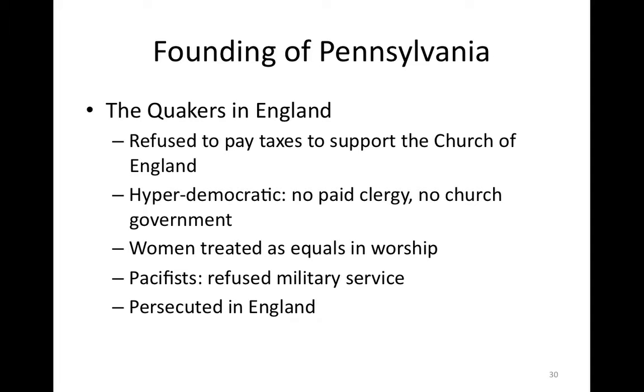The Quakers were also hyper-democratic. There was no paid clergy. There was no church government. Everybody called all the shots. The Quaker community would make all the decisions together in a very hyper-democratic way, and that included women and men, who were treated as equals when it came to worshiping in the Quaker tradition.